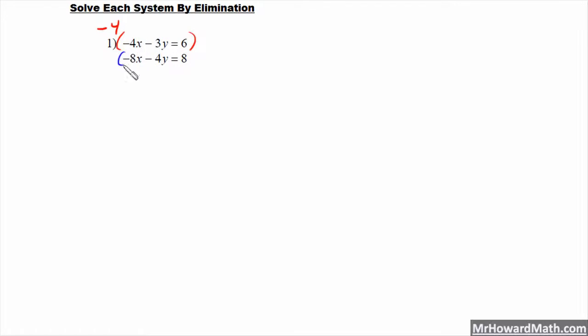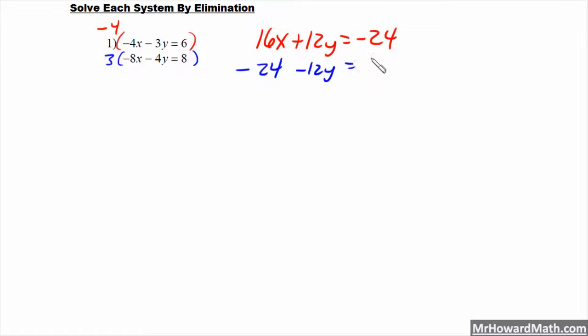So to do that, I have to multiply this bottom equation by a 3. So when I do that, the top equation in red becomes positive 16x plus 12y equals negative 24. The bottom equation becomes negative 24x minus 12y equals positive 24.